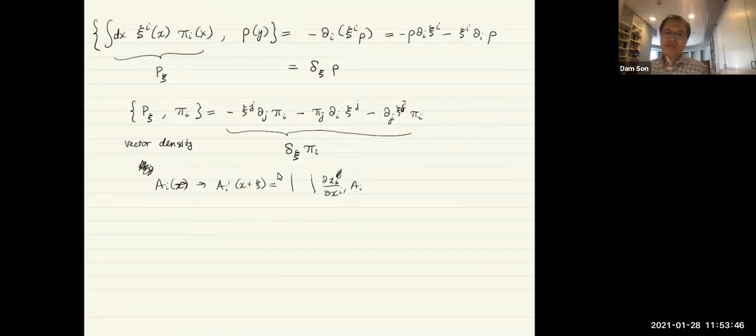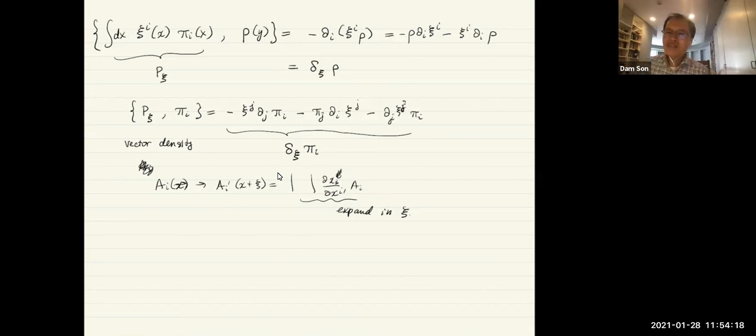But if you expand that in xi, considering not a general transformation but an infinitesimal one, you'll find this change of the vector density is exactly equal to the commutator of P with this operator we call P xi.